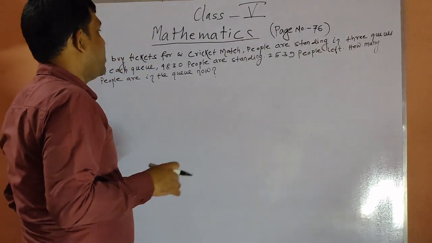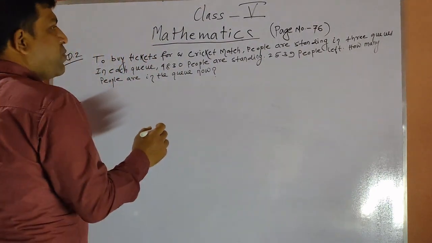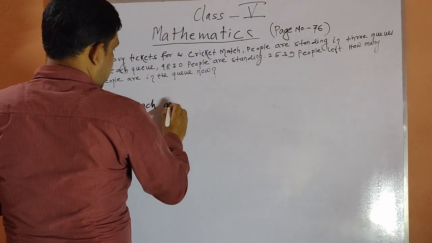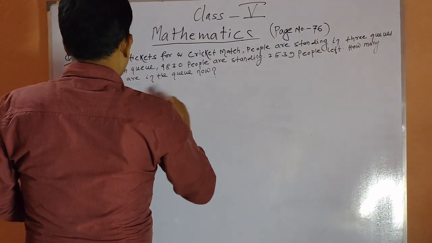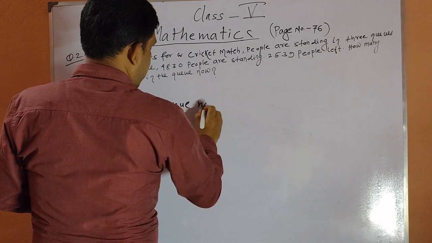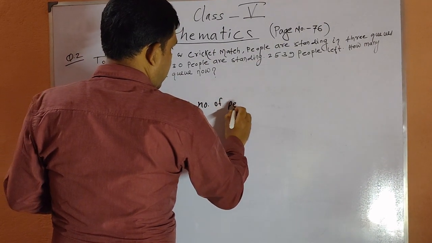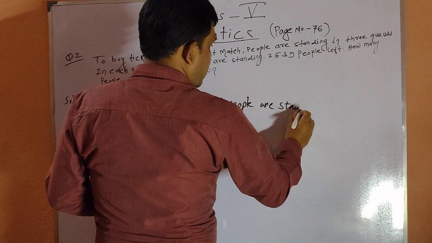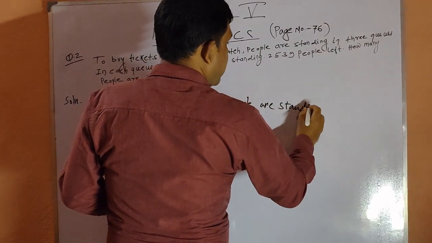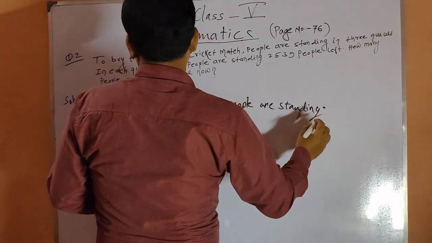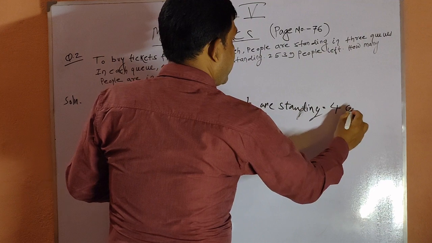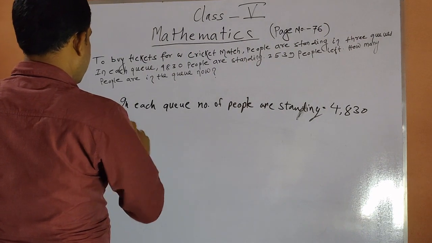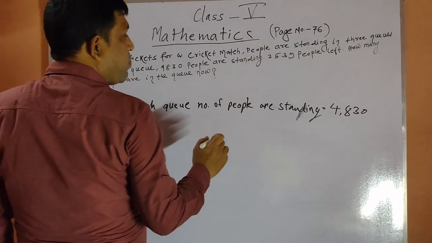That means in each queue the number of people standing is 4830.